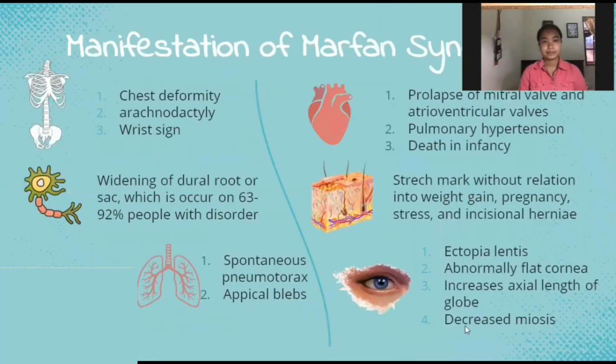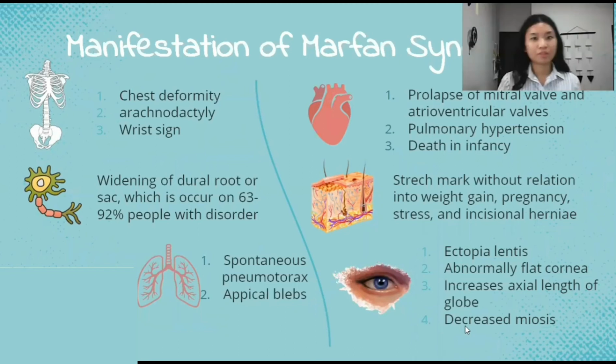My name is Nathanael Putri, with my student ID number 200254168. The manifestation of Marfan syndrome in the skeletal system is overgrowth, which can affect the anterior chest deformity. Marfan syndrome is also associated with dural ectasia, or widening of the dural root or sac, which occurs in 63 to 92% of people with the disorder. In the pulmonary system, it can cause spontaneous pneumothorax and apical blebs.